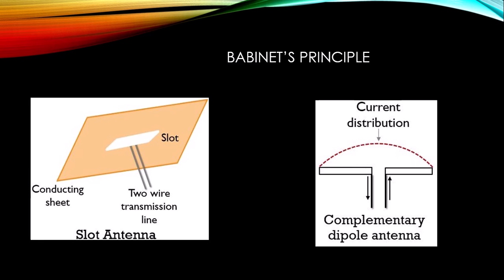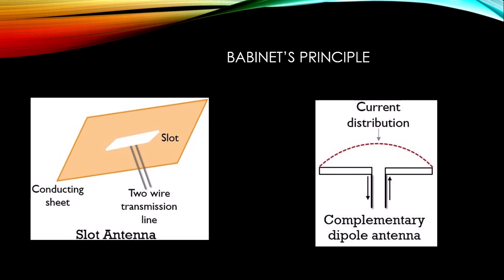So when a slot is cut from the surface of the conductor plate, then on energizing the slot, the electromagnetic wave is radiated, and thus it acts as an antenna. Due to the presence of a slot, it is named the slot antenna. We can say that a conductive surface with a slot of particular dimensions is referred to as a slot antenna.